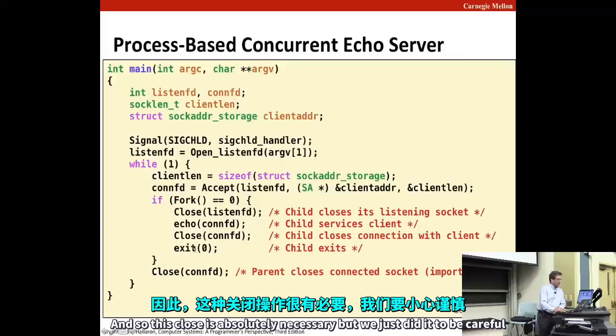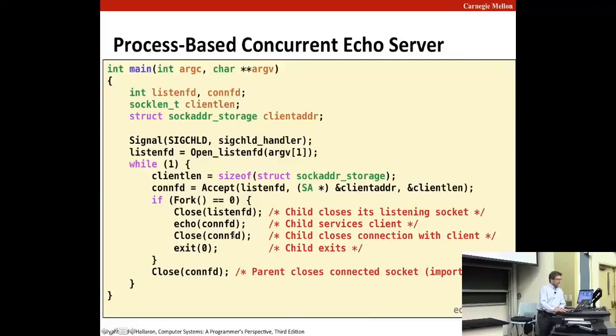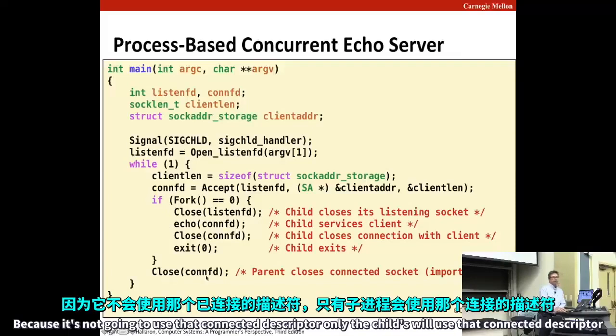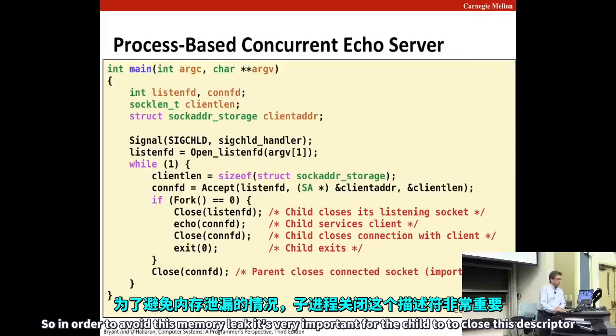And so this close isn't absolutely necessary, but we just did it to be careful. Okay, now the parent, and this is important, closes the connected descriptor, because it's not going to use that connected descriptor. Only the child will use that connected descriptor. So in order to avoid a memory leak, it's very important for the parent to close this descriptor.